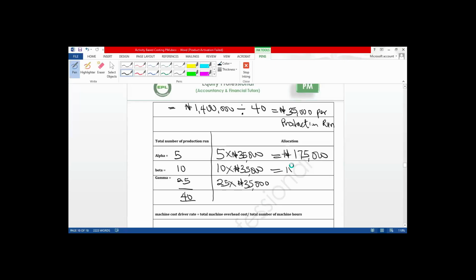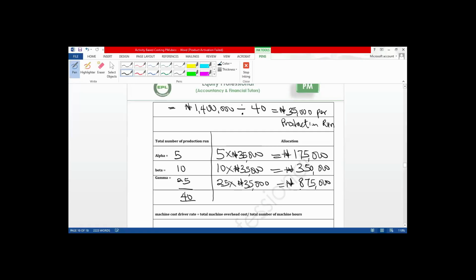This will give you 350,000. This will give you how much? Please multiply this. 875,000.